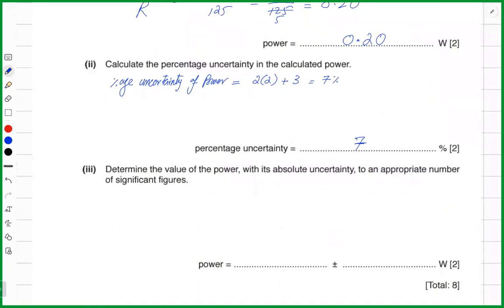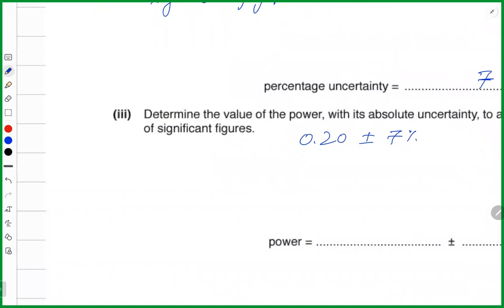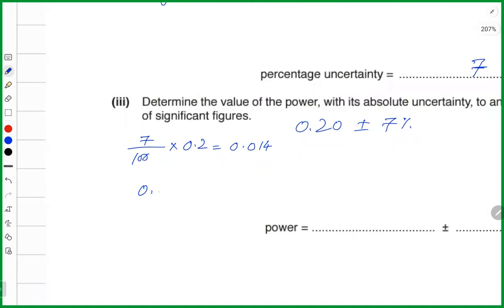Determine the value of the power with the absolute uncertainty to an appropriate number of significant figures. We know the power is 0.20 plus minus 7%, but this is a percentage uncertainty. We need absolute uncertainty. Can anybody find 7% of 0.2? It will be 7 over 100 times 0.2, 0.014. Now, it is 0.20 plus minus 0.014.